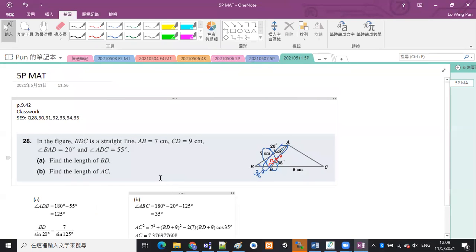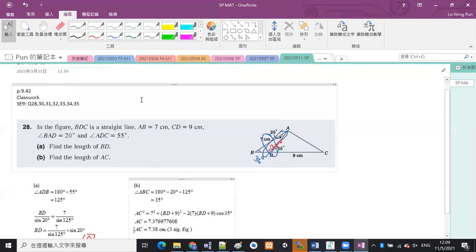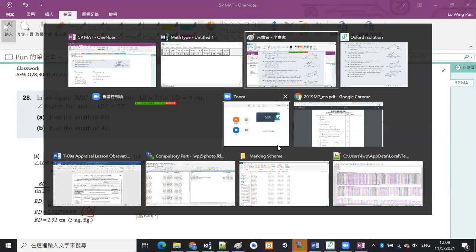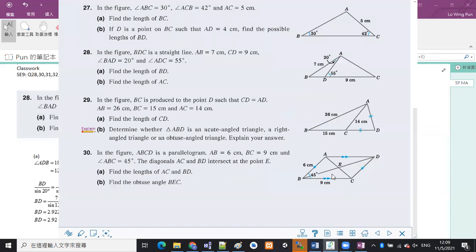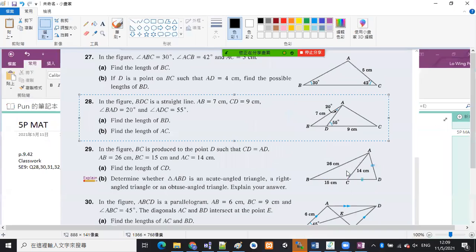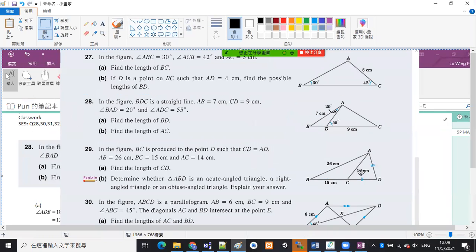Next one is question number 30. This one is not difficult, but a little bit of trouble.